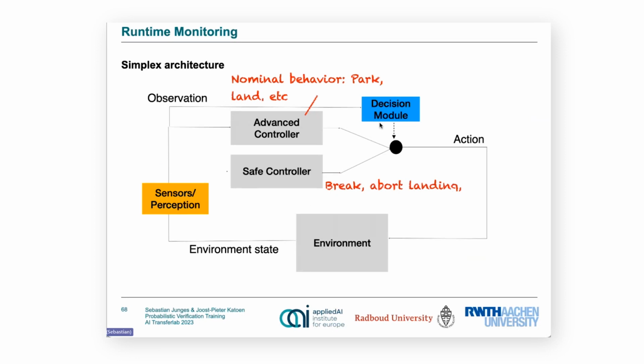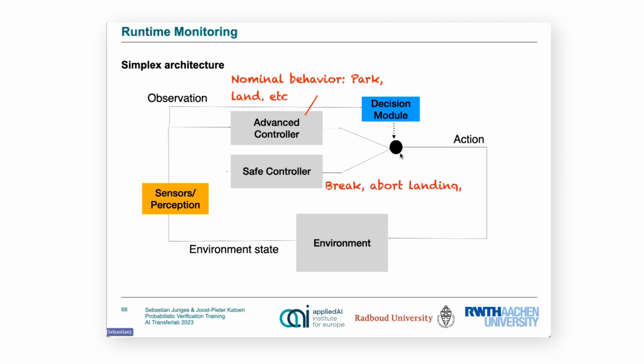Now the question is, which of these two controllers should you trust? Maybe you always trust your safe controller, but your safe controller will not have the performance that your advanced controller has, right? If your car says, well, the safe thing to do is just find the nearest parking spot and never exit there, then that's not a good decision.